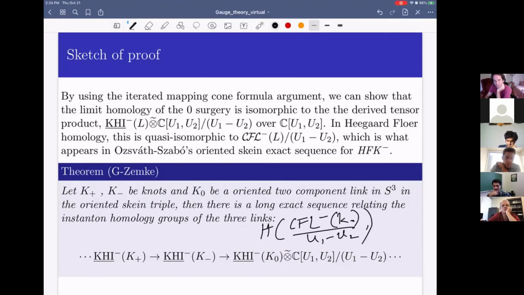Is it related to the knotification at all or no? Well, the thing that actually appears in the exact sequence is the knotification. And then what we did was we showed it was this link. Oh, okay, all right. So this is exactly the knotification. Okay, yeah. So the theorem is showing that the knotification is isomorphic to the link invariant as you might define it without.